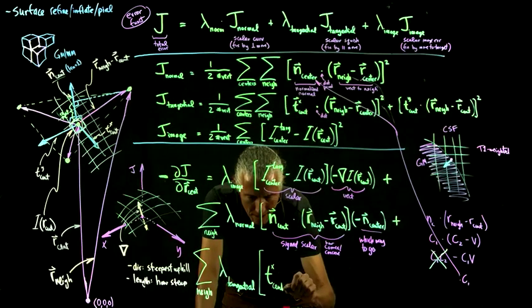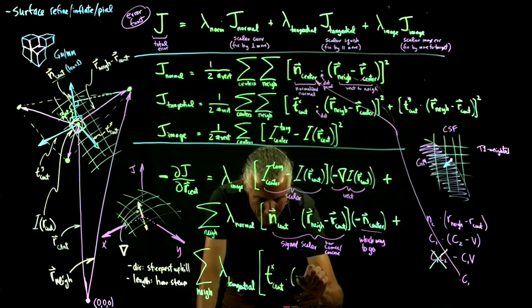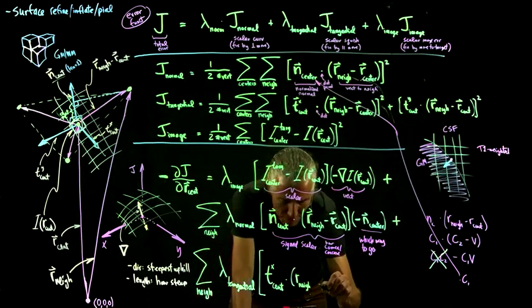our dot product of the vector going to the neighbors minus the vector going to the center.